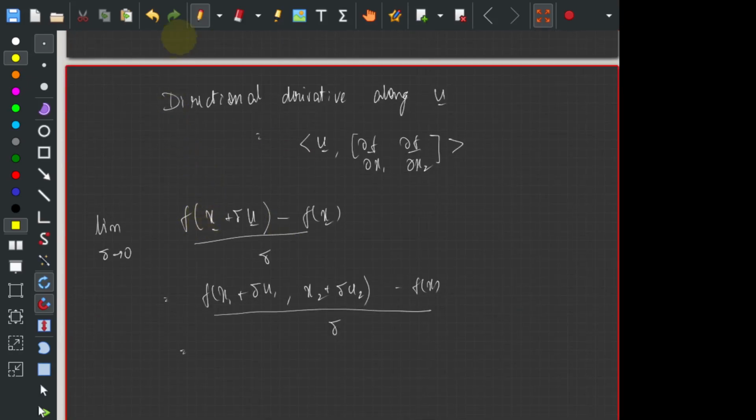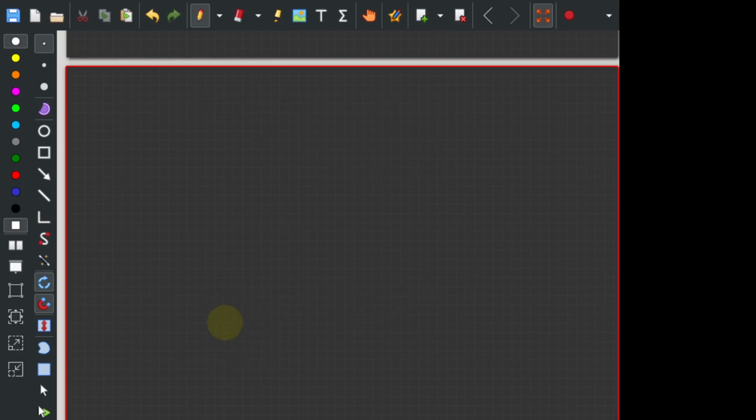Minus f of x1 comma x2 plus delta u2. You write the first x1 plus u1 delta times u.